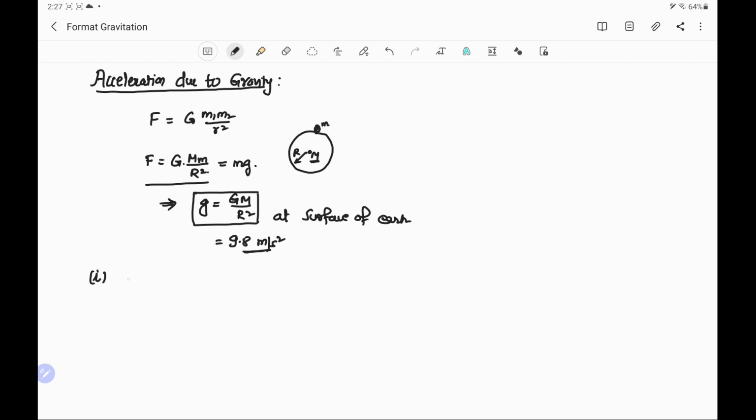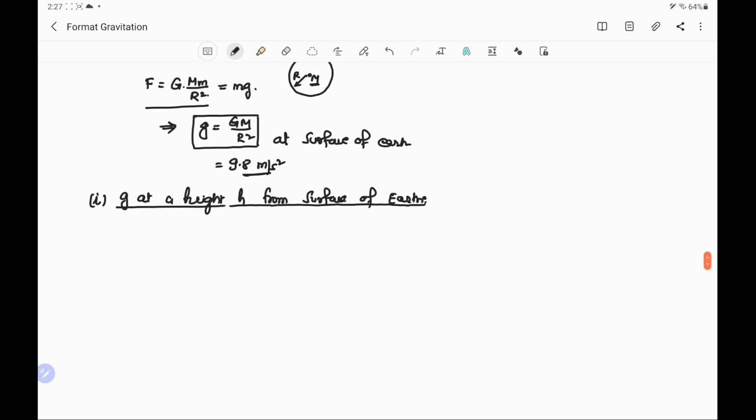First, g at a height h from the surface of earth. If we go above the surface of earth, the effect of height on g is that acceleration due to gravity decreases.